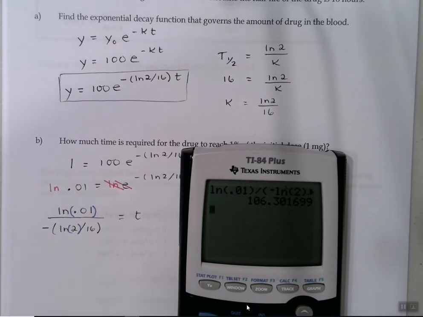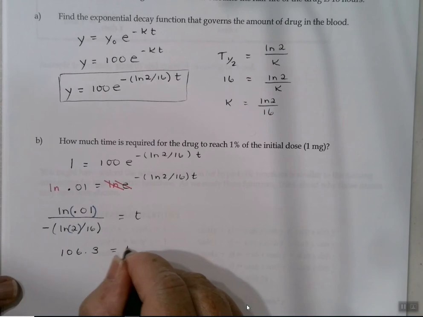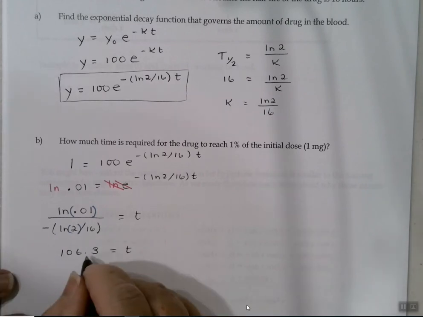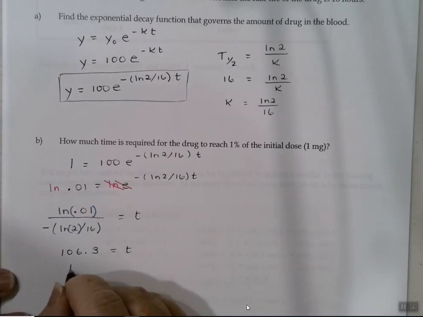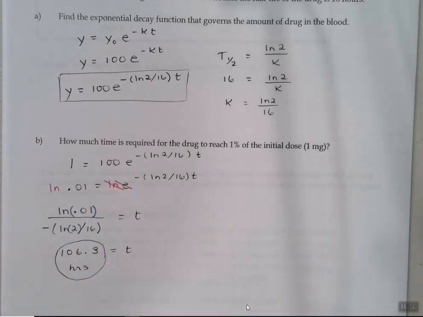I get 106.3 for t. And this was all in hours, so it's going to take 106.3 hours for the amount of this drug to be reduced to just 1% of the initial dose. All right, that brings us to the end of section 6.9.